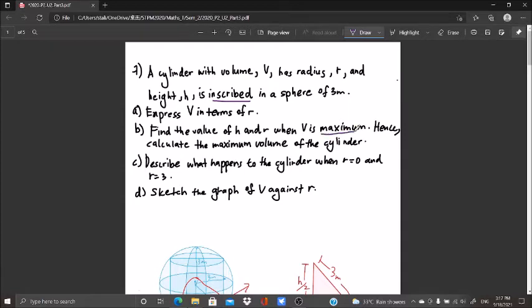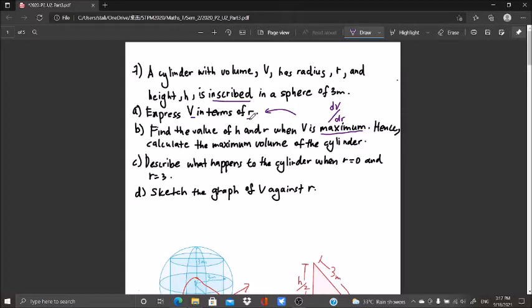When we know the volume is at a maximum, it means that dV/dr, maybe dr, okay. Why do I say maybe? Because we are using this result, express V in terms of R. As I mentioned before, there's a hint provided by the question.